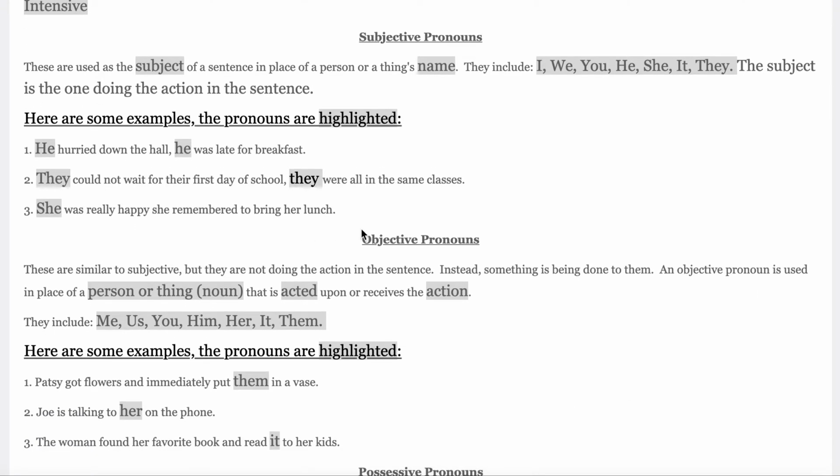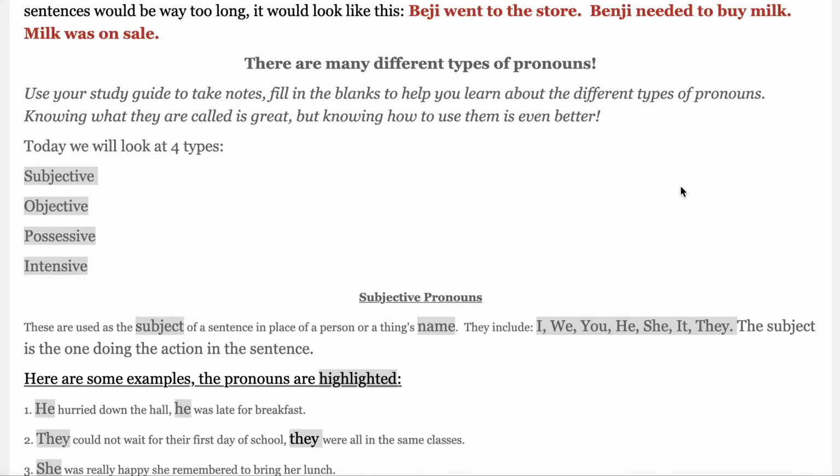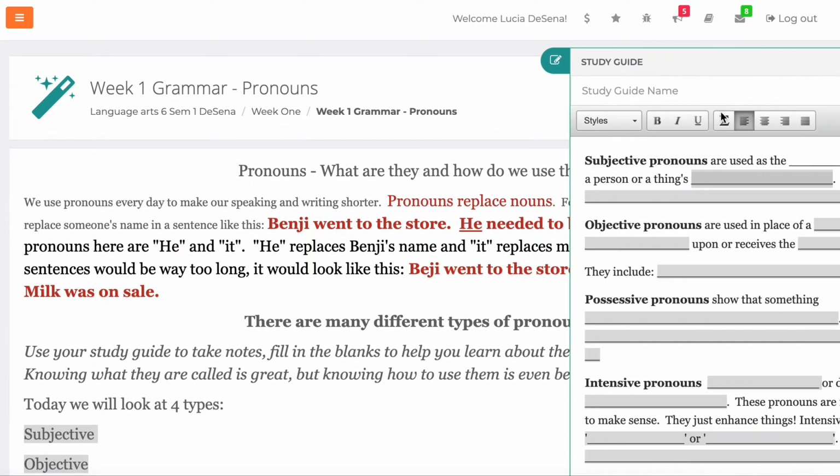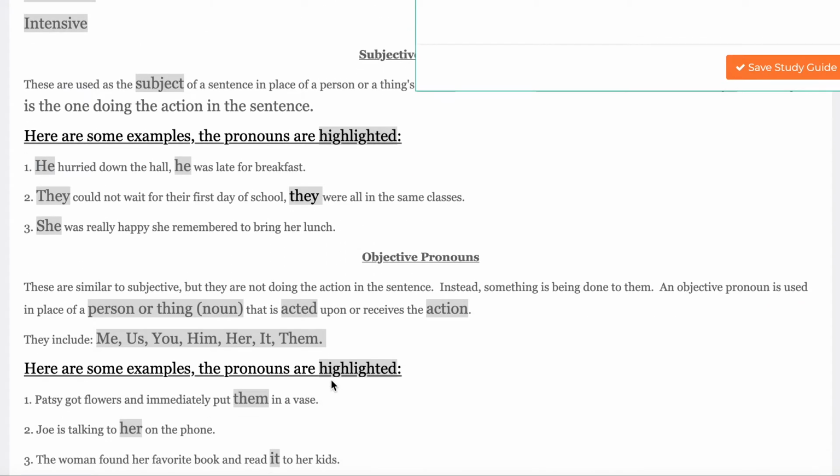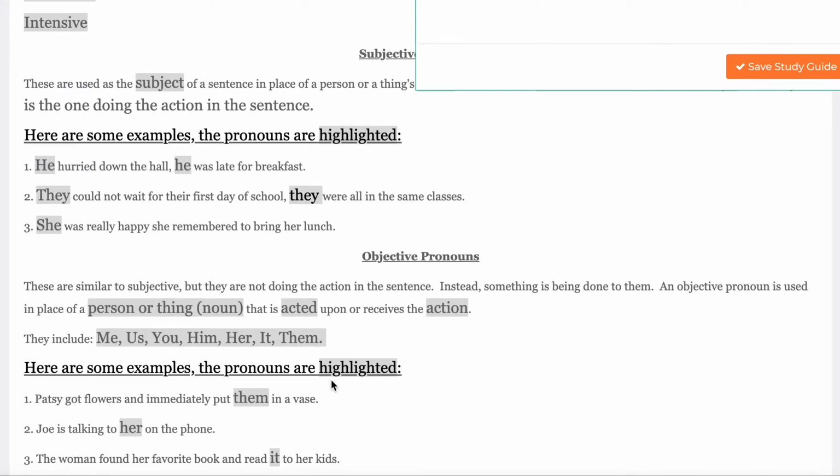Now the objective pronoun is slightly different. So let's look at our notes. An objective pronoun is used in place of a person, place, or thing that is acted upon or receives the action.